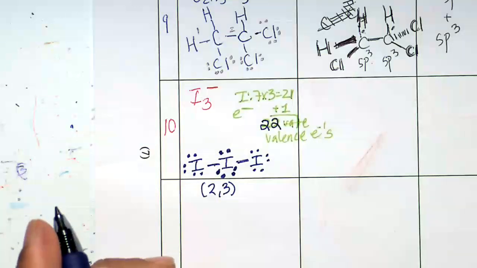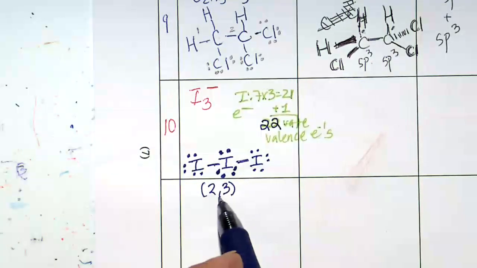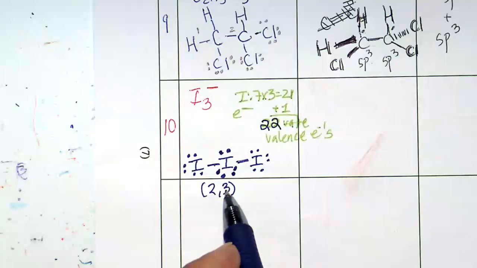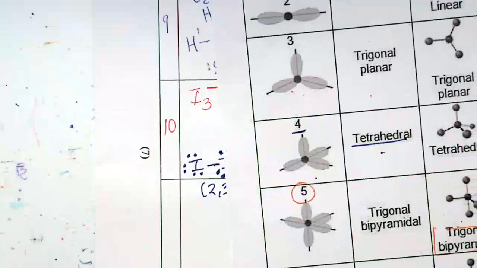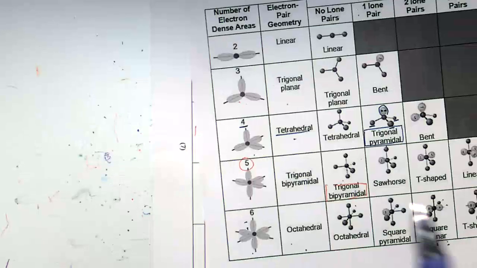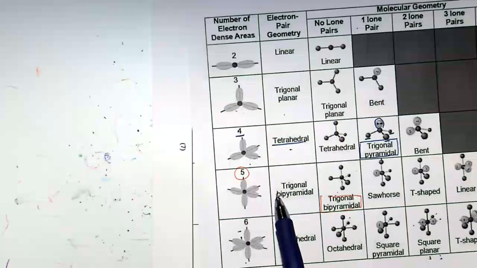So what's two bonds and three lone pairs? A total of 5. Out of those 5, 3 are lone pairs. So what is that? Linear. Very good. Actually, it should be trigonal bipyramidal. But why is it linear?